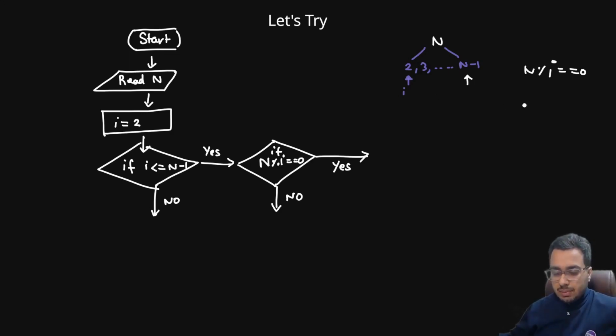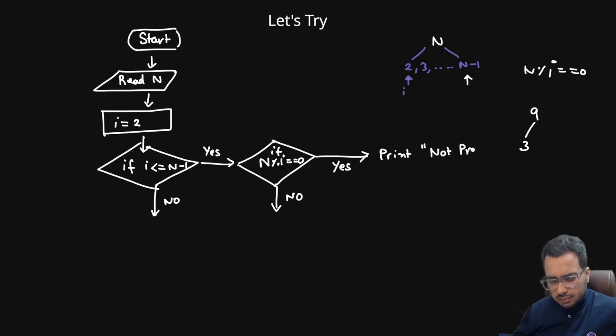For example, talk about the number 9 and you reach 3. So 9 modulus 3 is 0, and hence you can say that this number is not prime. So you can print that this is not a prime number, and you're done. You're done at this point.